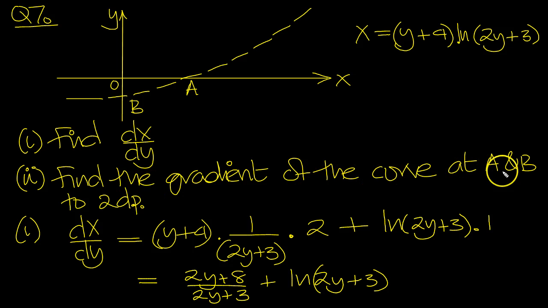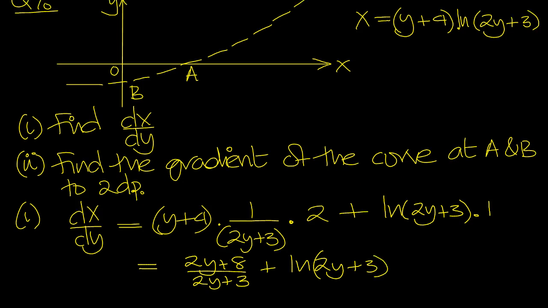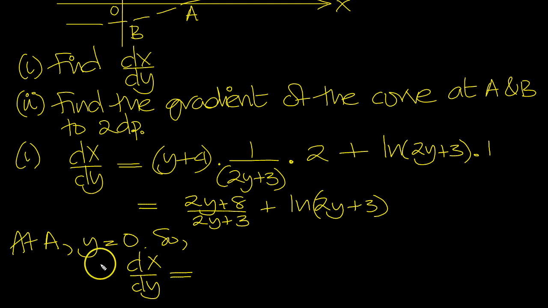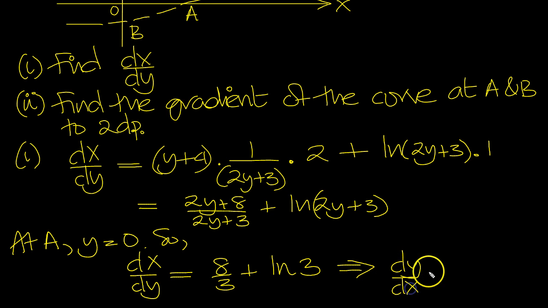Find the gradient of the curve at A and B. So at A, y equals 0. So dx/dy then, put 0 in for A: 0 plus, put 0 in, 8 over 3, plus ln 3. So that tells us dy/dx is equal to 1 over this, isn't it?